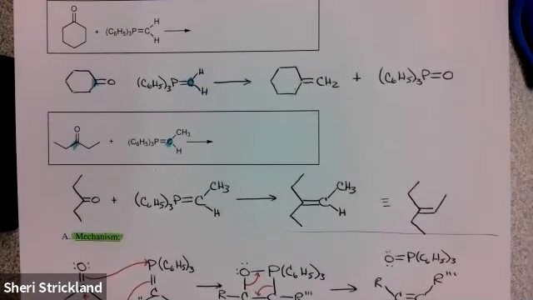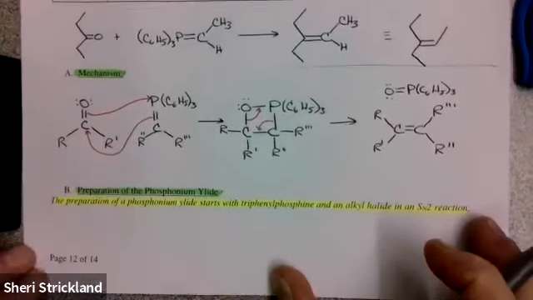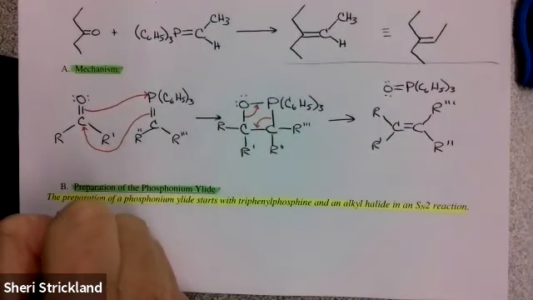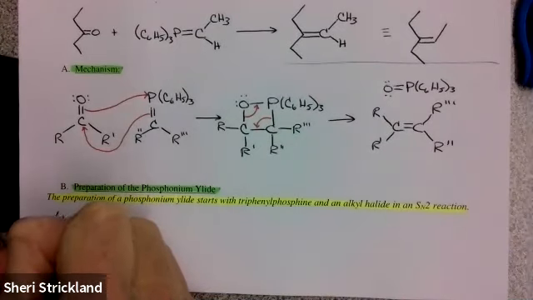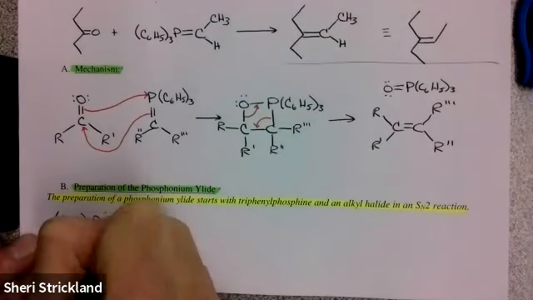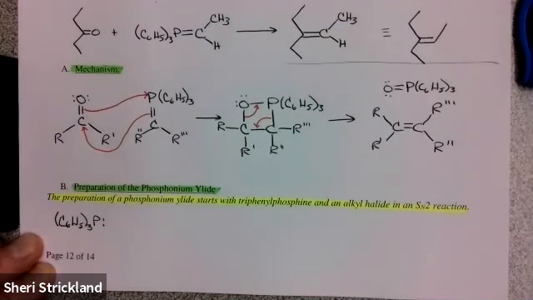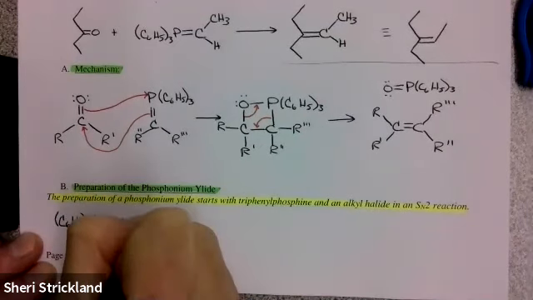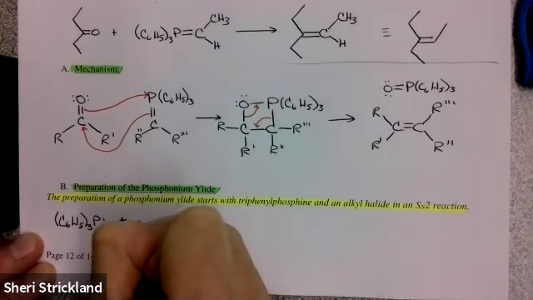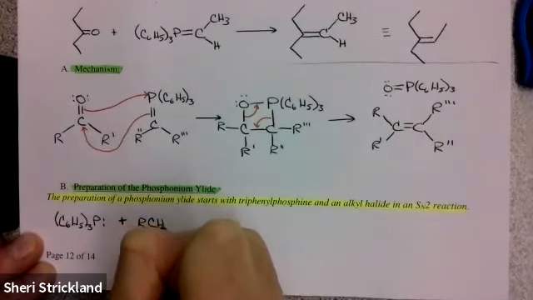Now, I do want you to know how to prepare a phosphonium ylide, and it starts with this guy right here, triphenylphosphine. Now, phosphorus has 1 pair of non-bonding electrons, just like nitrogen does. And this is an SN2 reaction. So the less hindered your alkyl halide is, the better.